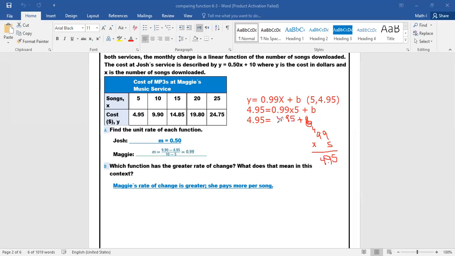What is the next step after this one? It's 4.95 equals 4.95 plus b.